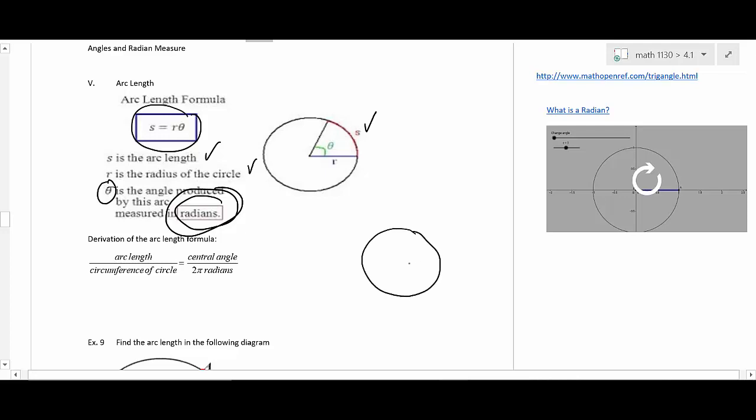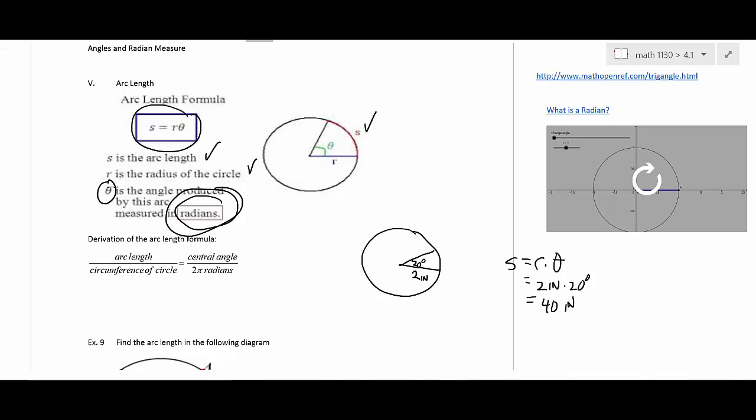So like, for instance, if you had a circle and say that this was a 20-degree angle, and say the radius was 2 inches, then according to this, S is equal to r theta. If you do S equals r theta, you would have 2 inches times 20 degrees, so you would get 40 inches, okay? Now you tell me, don't you think that's a tad bit big?